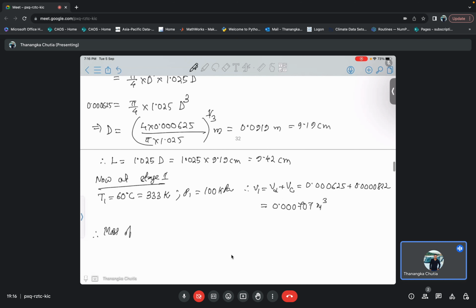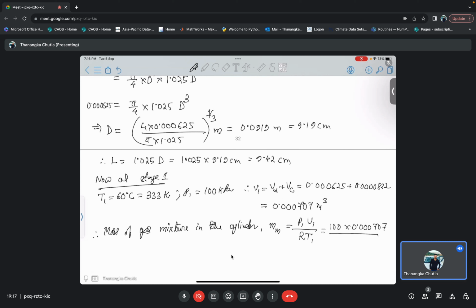Therefore mass of gas mixture in the cylinder will be equal to m is equal to P1 V1 by R T1. So what is P1? 100. What is V1? 0.000707.